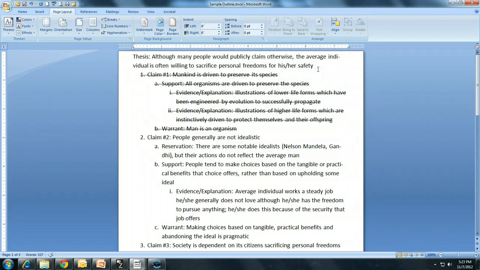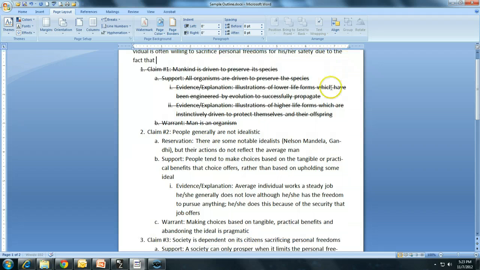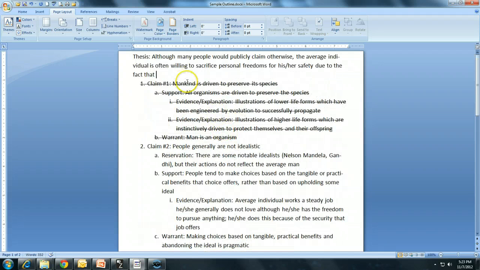Now, I want to make this a closed thesis, due to the fact that my first argument is about people not being idealistic; they are pragmatic, the opposite. And I want to keep my parallelism. People are pragmatic.